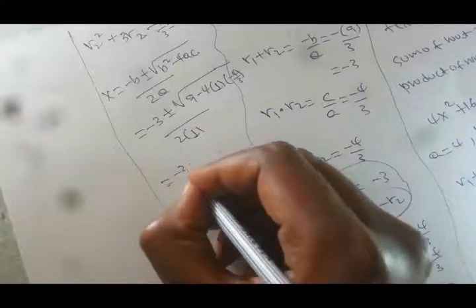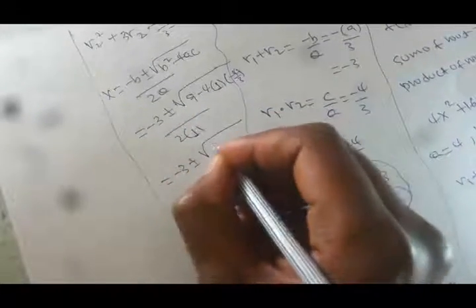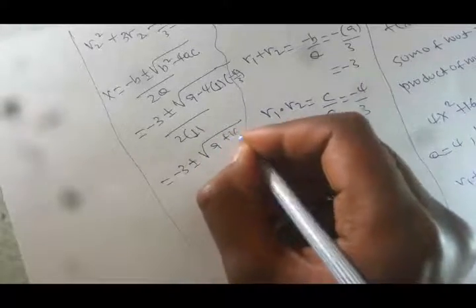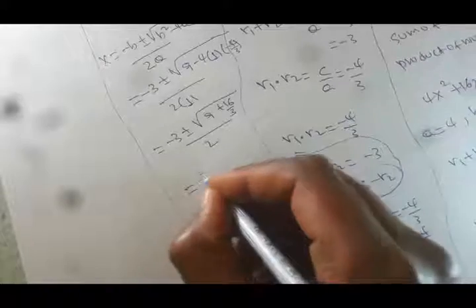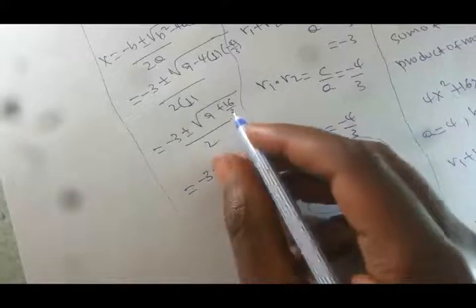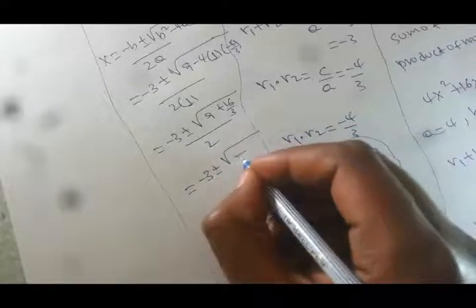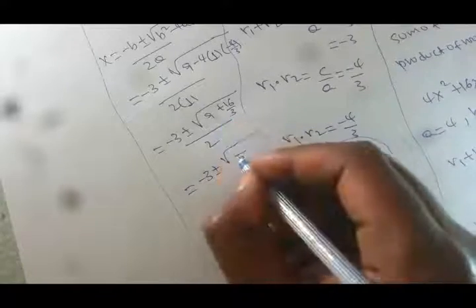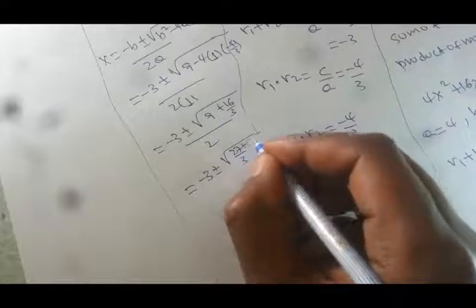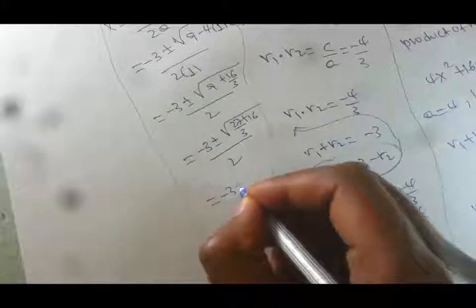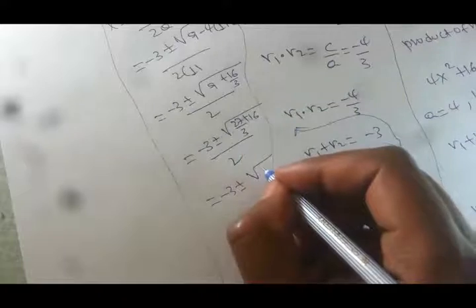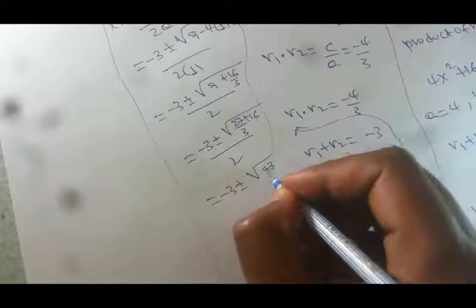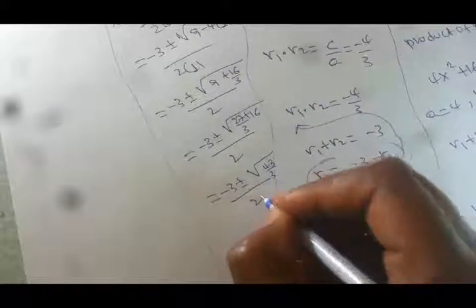Therefore, minus 3 plus or minus square root of 9 plus 16 over 3, over 2. When you take 3 common, 27 plus 16 over 3, over 2. Therefore, this is equal to minus 3 plus or minus square root of 27 plus 16, which is 43, over 3, over 2.